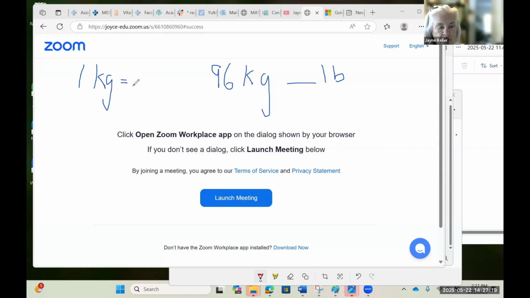And then it says round to the tenths. Okay, so let's do that one.